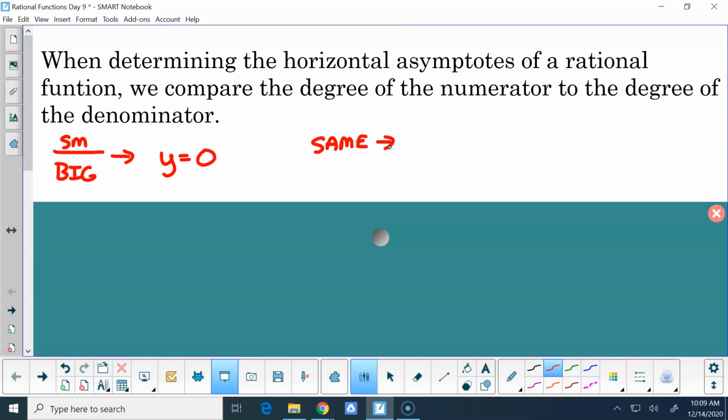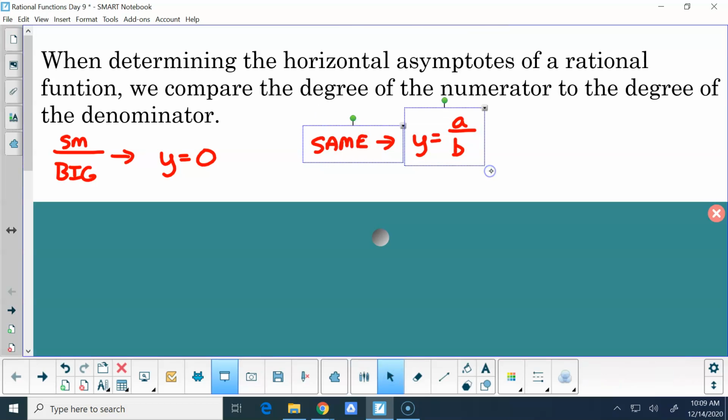The lead coefficients of the top and the bottom? Is that what you were trying to say? Yeah. Okay, because that's not what was coming out. But yeah, so it's y equals A over B, and A is the lead coefficient of the numerator, and B is the lead coefficient of the denominator. Okay? And those are all great.